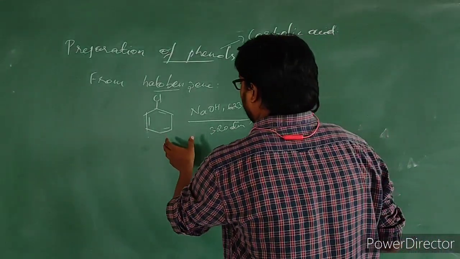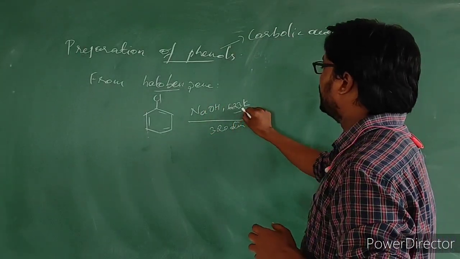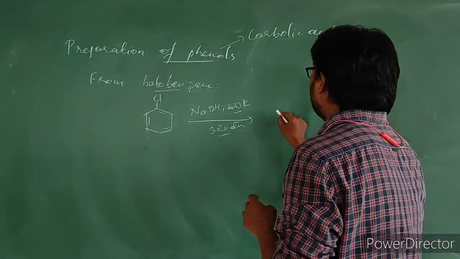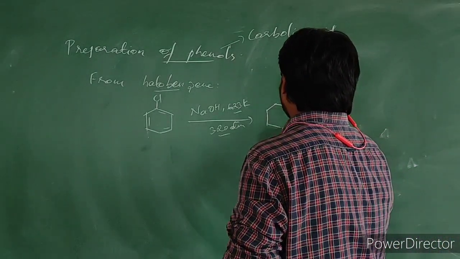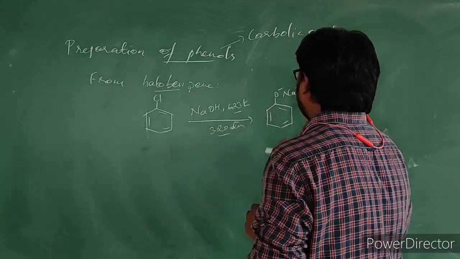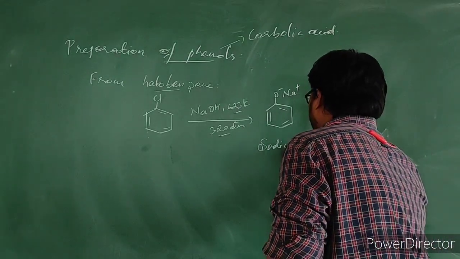So chlorobenzene, when it is treated with sodium hydroxide at 623 Kelvin and at a pressure of 320 atmospheres, initially sodium phenoxide gets produced in this way. This is nothing but sodium phenoxide.